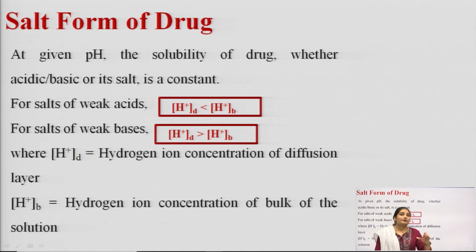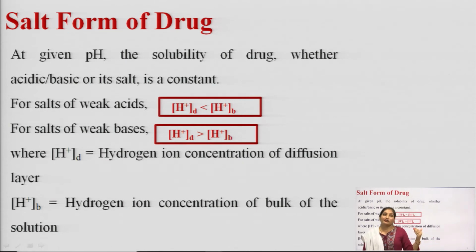So, at a given pH, the solubility of the drug, whether it exists in the acidic form, the basic form or a salt form, will be constant. Okay. And in the case of salts of weak acids, the hydrogen ion concentration of the diffusion layer is less as compared to the hydrogen ion concentration of the bulk of the solution.